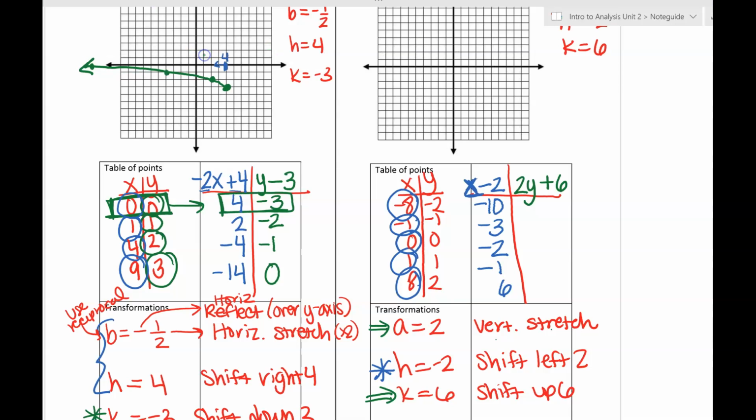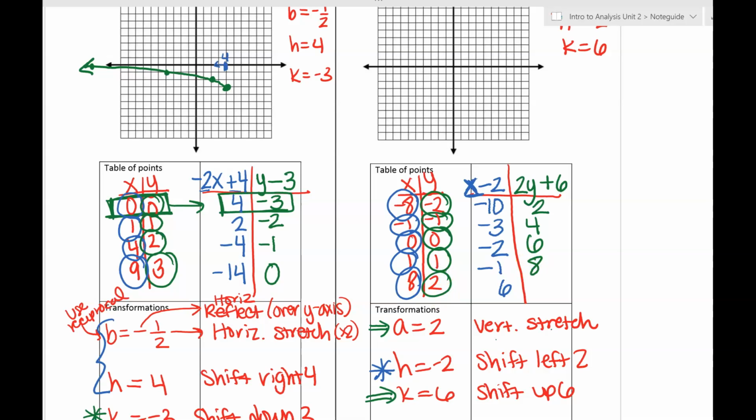Now if I go through and do the same thing for the y values, when I plug in negative 2 times 2, I get negative 4 plus 6, it's 2. When I plug in negative 1, I get negative 2 plus 6, which is 4. When I plug in 0, I get 6. When I plug in 1, I get 2 plus 6, which is 8.